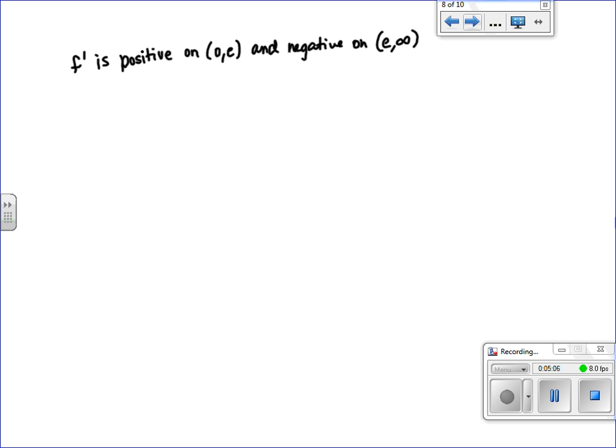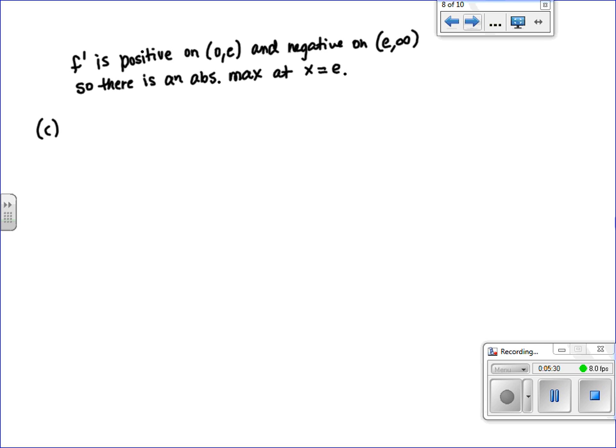You could also say f is increasing on 0 to e and decreasing on e to infinity. So there is a relative max at x equals e. That's all we need.